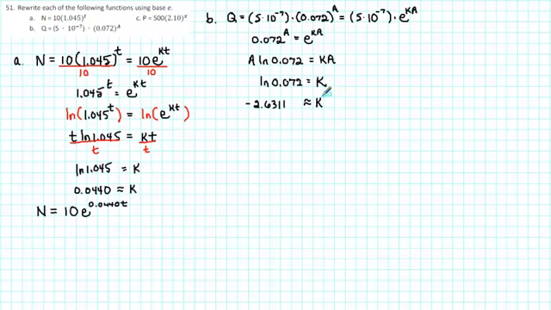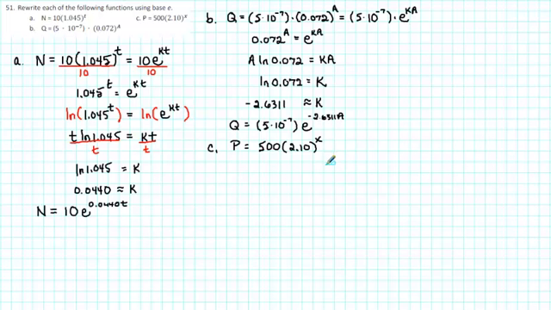Using a calculator, we find that k is approximately negative 2.6311. Therefore, our function is q is equal to 5 times 10 to the negative 7 times e to the negative 2.6311a.